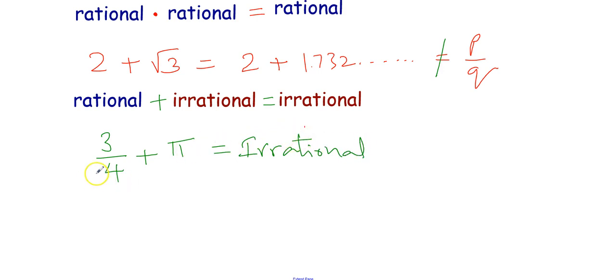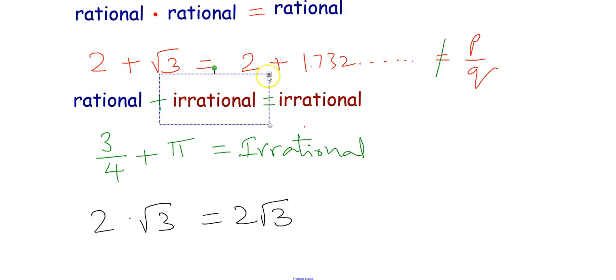Okay. Let us also multiply and let's see what happens. 2 times square root of 3. 2 is rational times irrational. The result is 2√3, which is again an irrational number. Right?